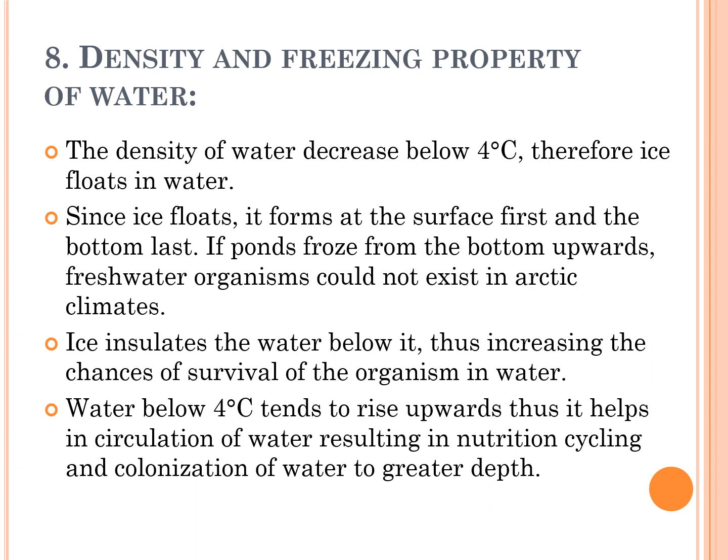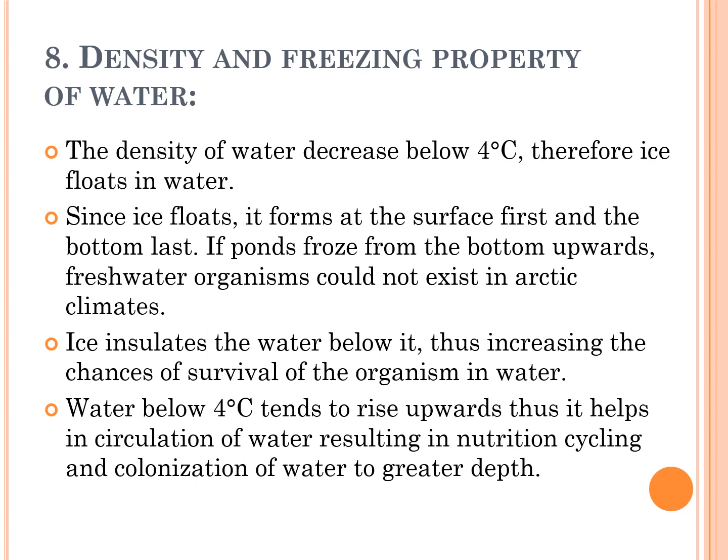Next, the density and freezing property of water. The density of water decreases below 4 degrees Celsius. Therefore, ice floats in water. It forms at the surface first and at the bottom last. If a pond froze from the bottom upwards, freshwater organisms could not exist in the Arctic climate.